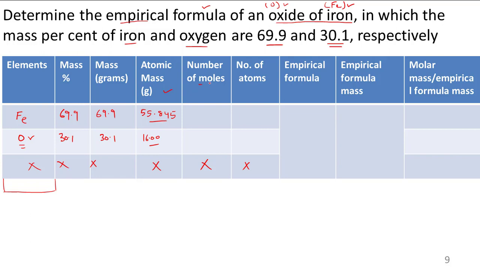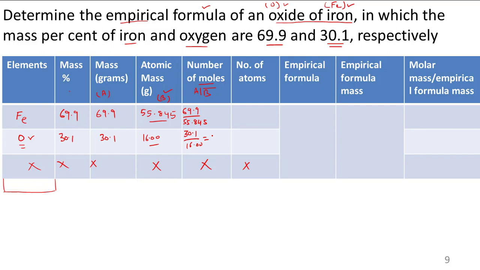Now let us calculate the number of moles. It is given by weight divided by atomic weight. So it is 69.9 divided by 55.845, and 30.1 divided by 16.00.